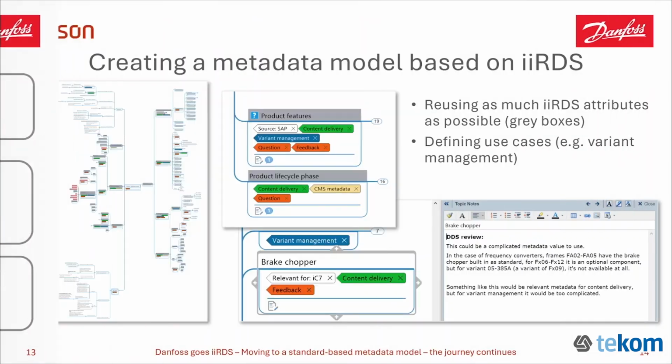Yeah. And that's why we decided to create a metadata model. We had a quite good one in TechPub Studio, but we thought, why not basing it on an existing standard rather than developing it just from the air, right?